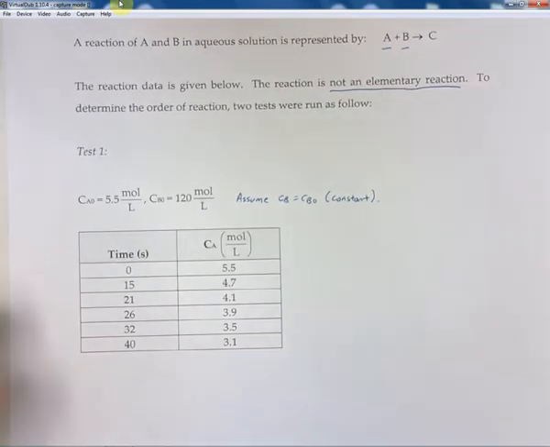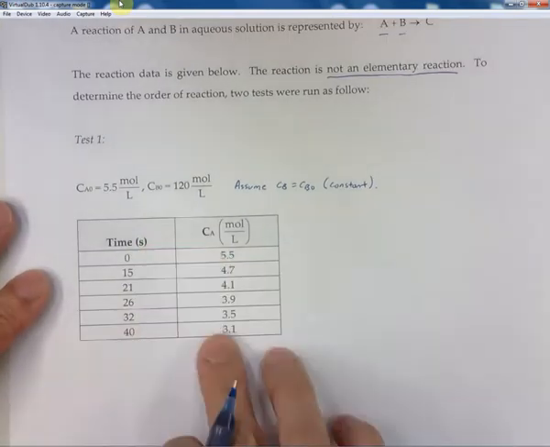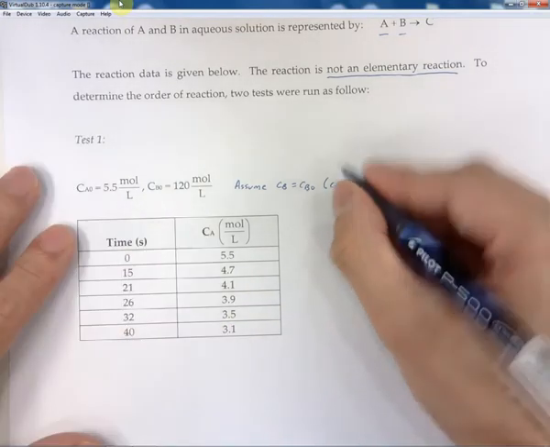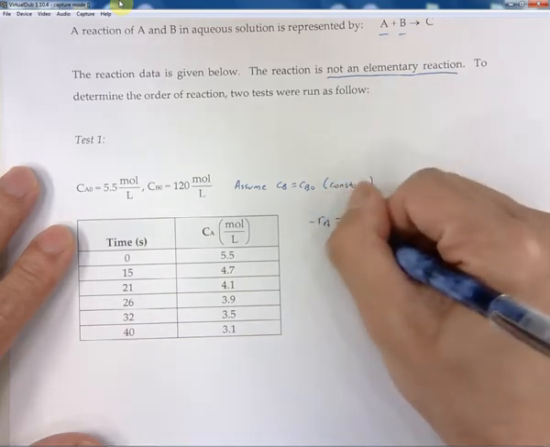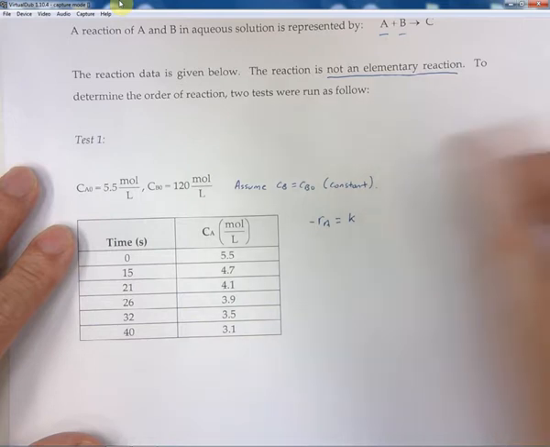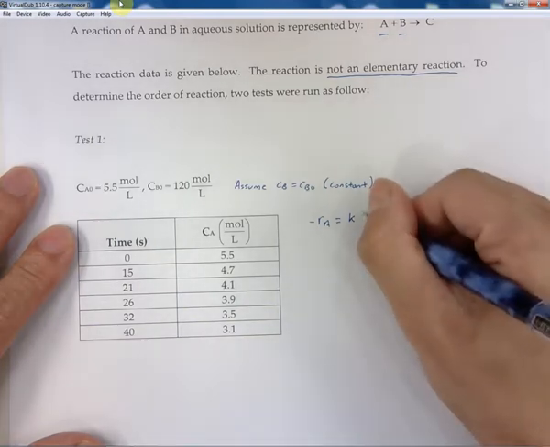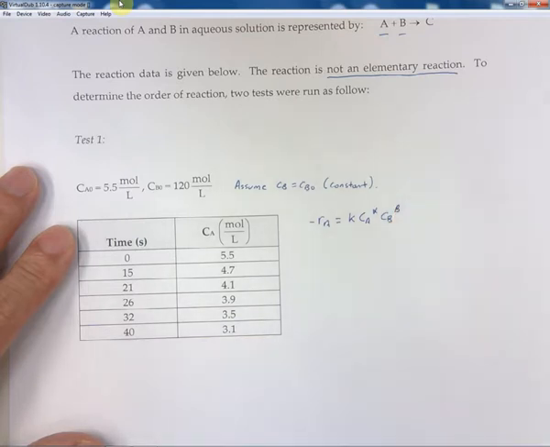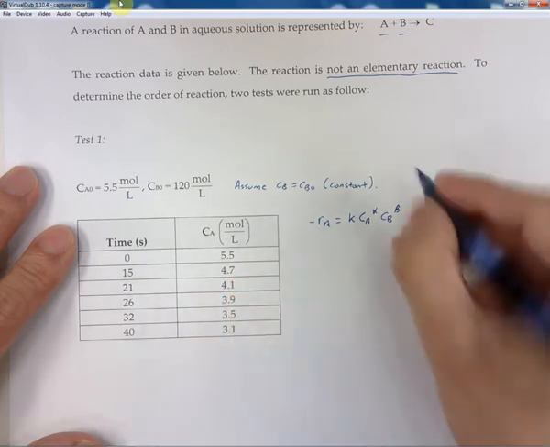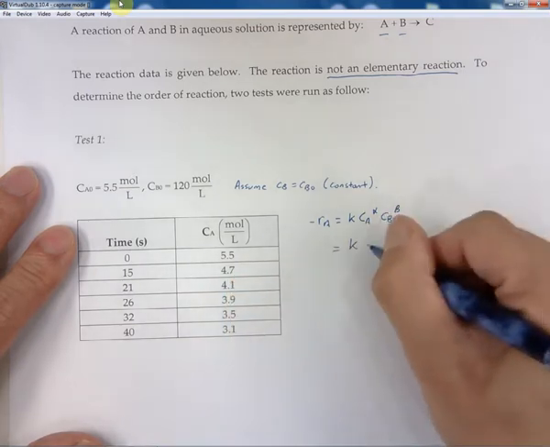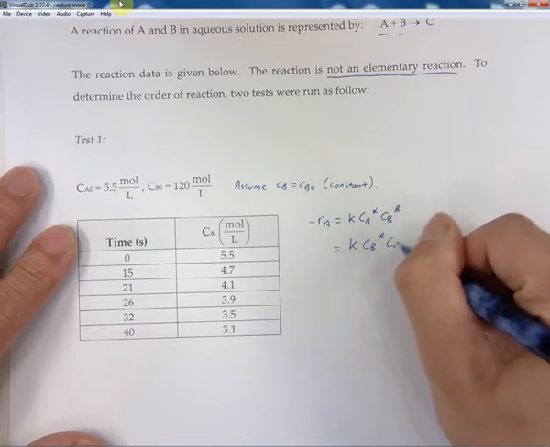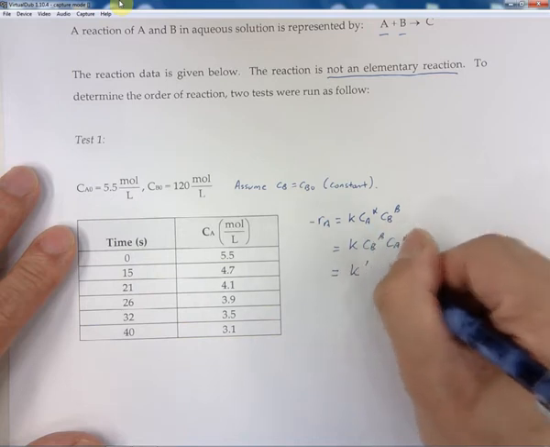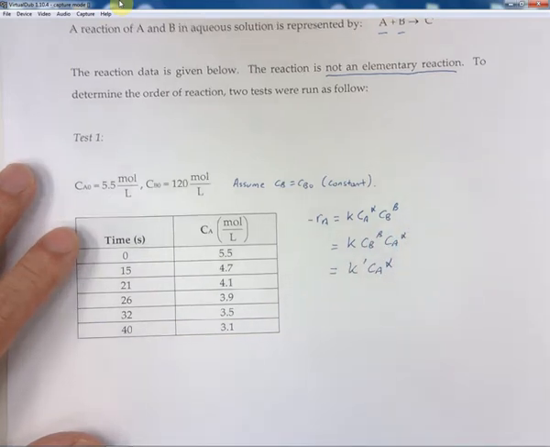Now we have these points where Cb naught is greatly in excess. So the rate of consumption will be k, which we also need to find, Ca to the alpha, Cb to the beta. But since Cb, like mentioned already, is constant, we can group all the constants together, and that will give us k prime Ca to the alpha.